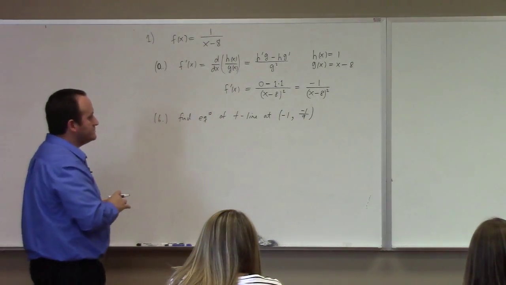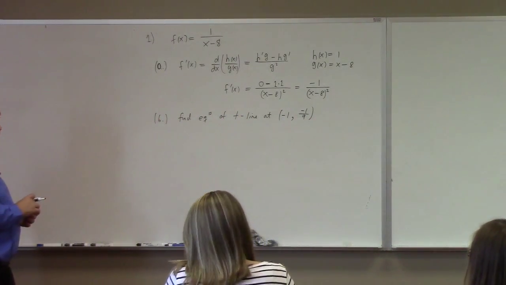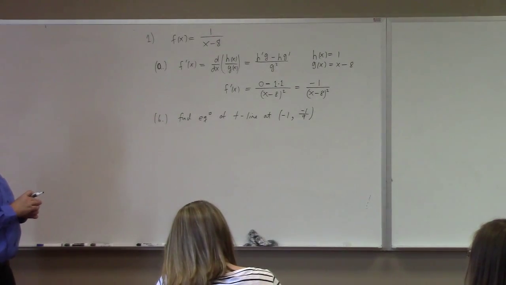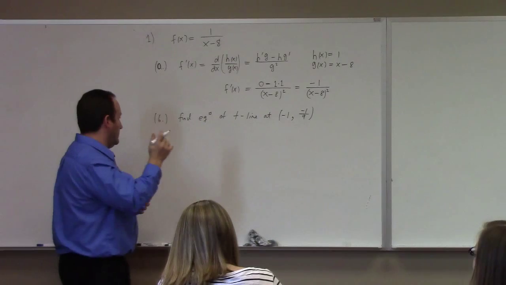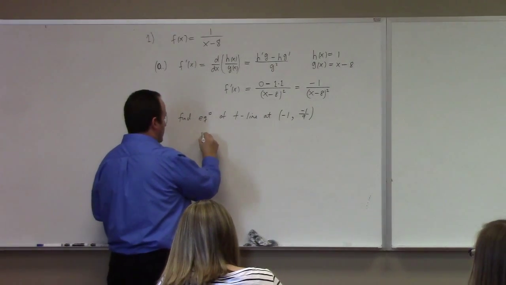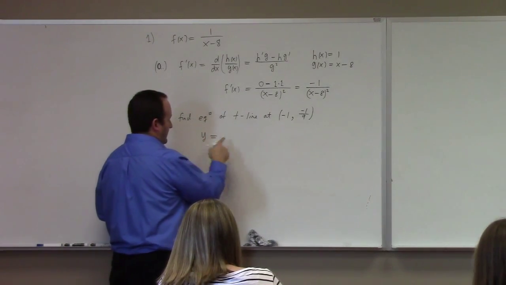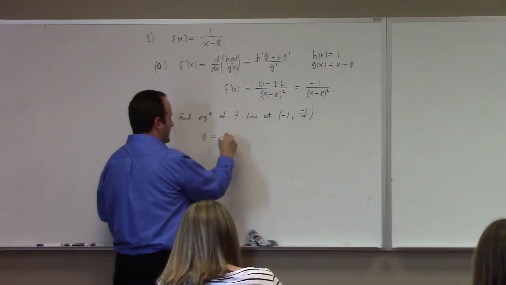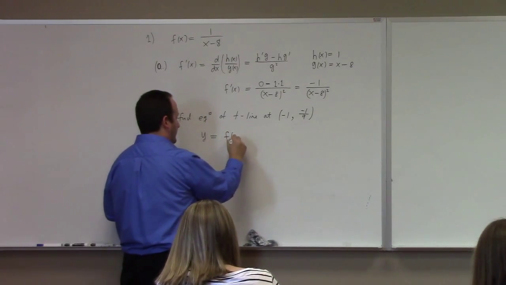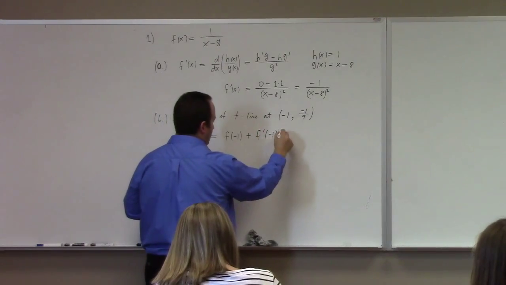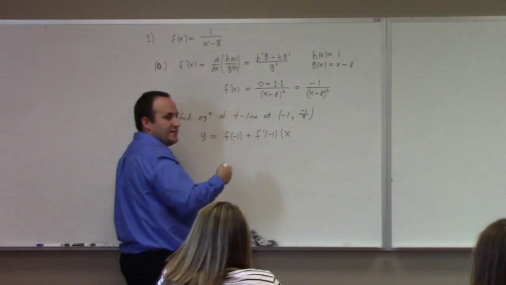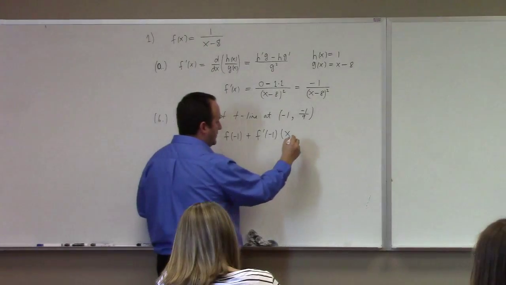Okay. So that's fine. What we do, as I told you guys, if you want to write down the equation of the tangent line, you say y is equal to f of minus 1 plus f prime of minus 1 times x minus minus 1. What's x minus minus 1? It's just x plus 1.